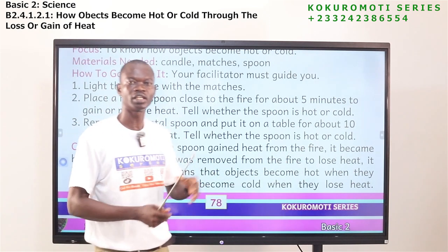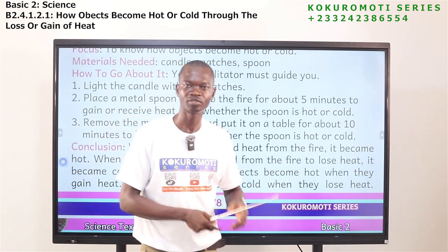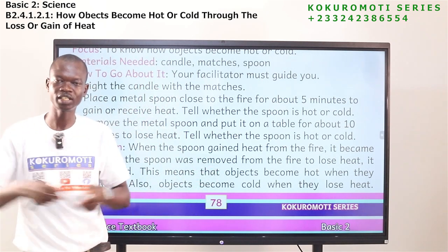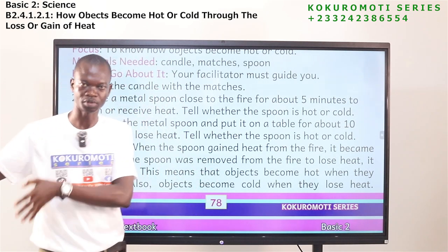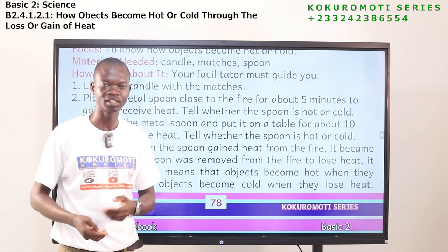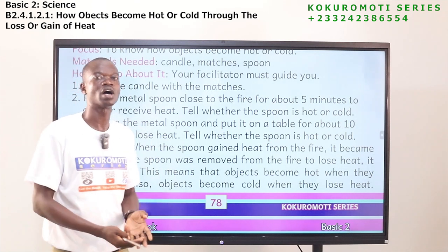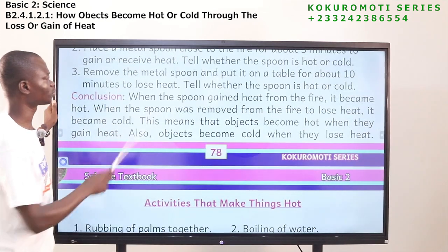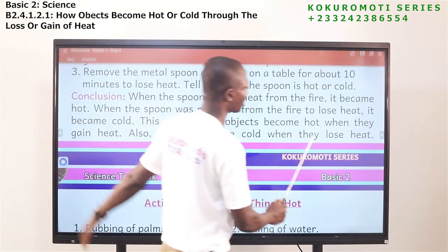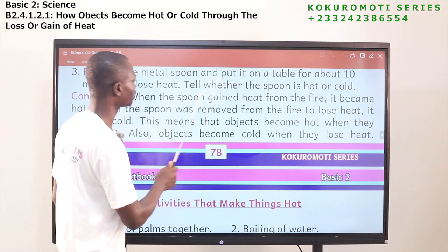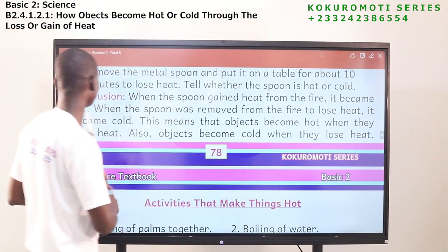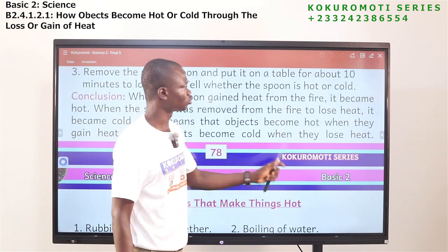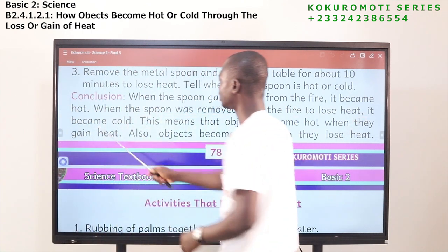So if you put the spoon close to the fire for about 5 minutes, it will become very hot. But if you take the spoon out and put it on the table for about 10 minutes, the heat in it will go away, so it will become what? Cold. Okay. In conclusion, the spoon gained heat from the fire. When the spoon gained heat from the fire, it became hot. When the spoon was removed from the fire to lose heat, it became cold.